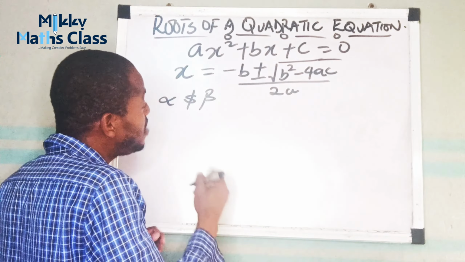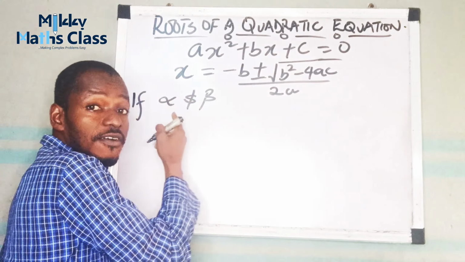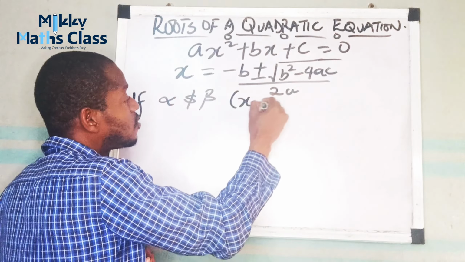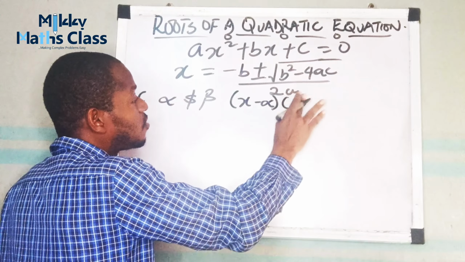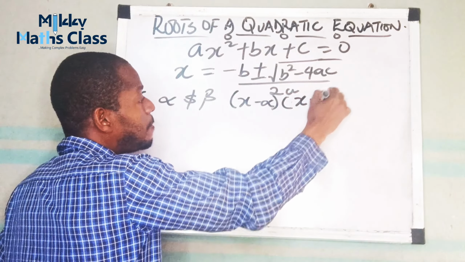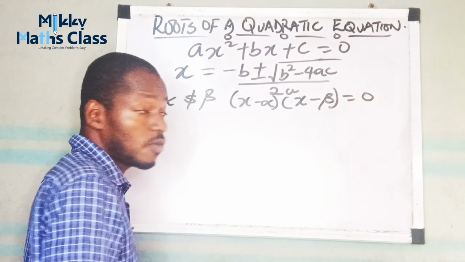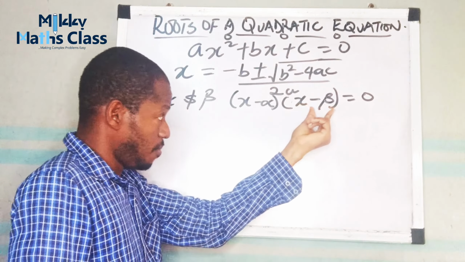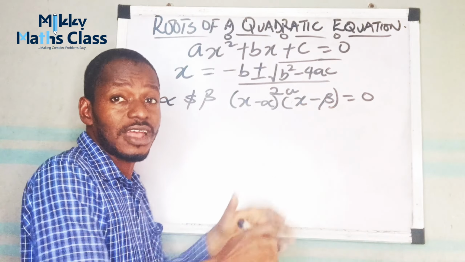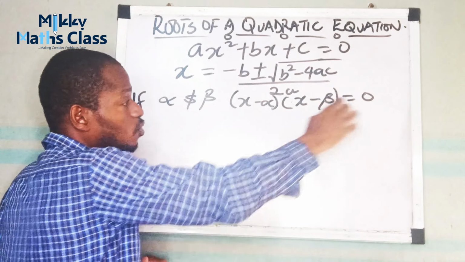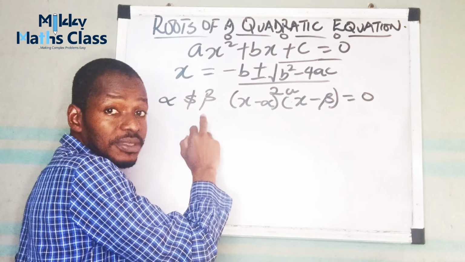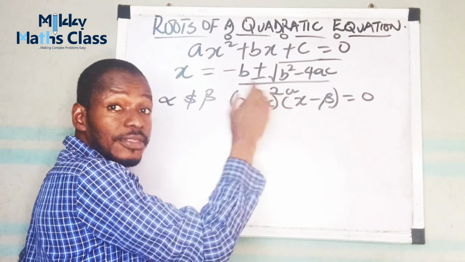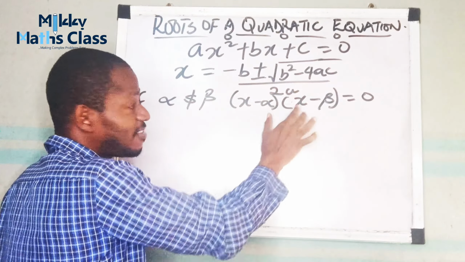It invariably means that for me to have arrived at alpha and beta as the values of x, my x minus alpha and x minus beta must have been equal to 0, because it is when x minus alpha and x minus beta equal 0 that our roots will be x equals alpha and x equals beta. So if these are the roots, we can find the sum of the roots and the product of the roots from this. Now let's expand this.